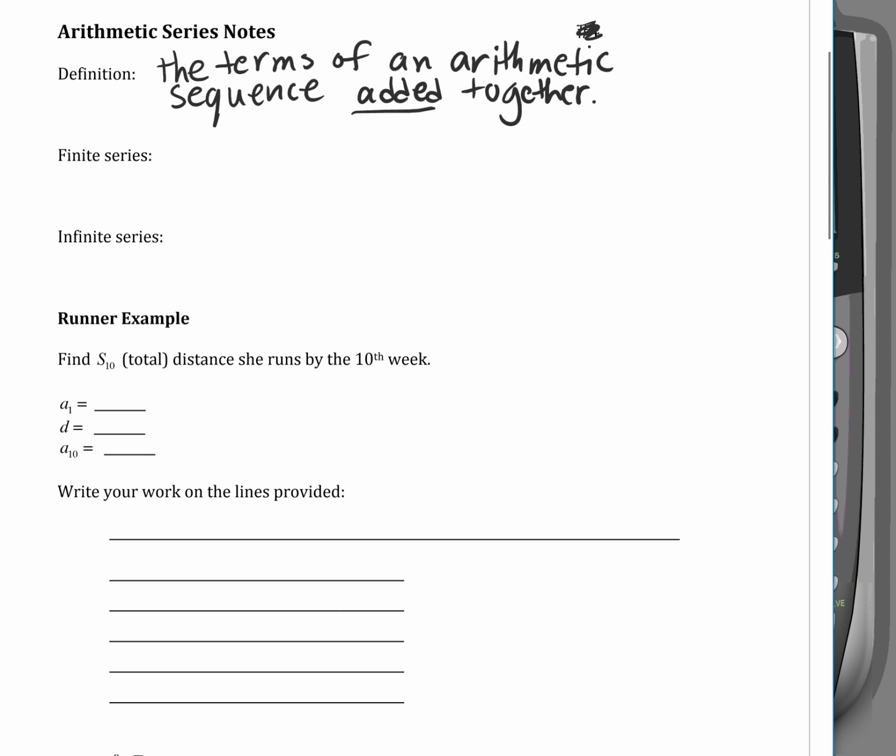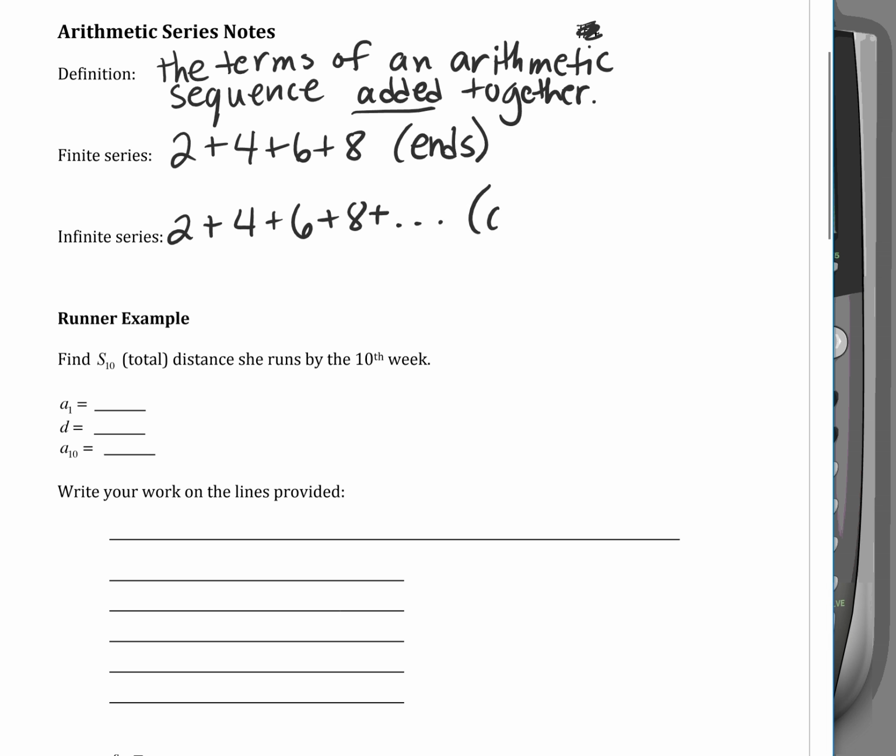For example, a finite series, we could do 2 plus 4 plus 6 plus 8, and then stop. Finite means it ends, as opposed to infinite, where it would keep going. We usually show that it keeps going with a dot, dot, dot, and it means it would continue.